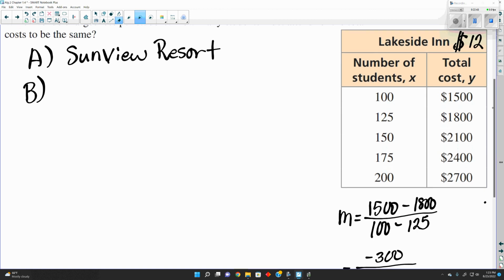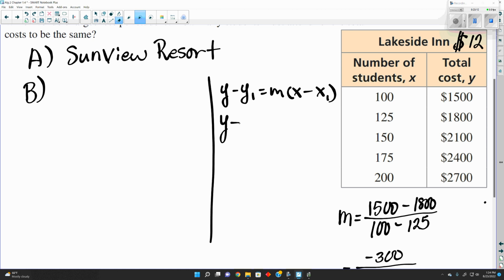Now, do we know what the y-intercept is? No. But they did give us lots of points, yes? So we can use the y minus, well, yes. Multiply the 100. And then? Yes. And that would give us the y-intercept.